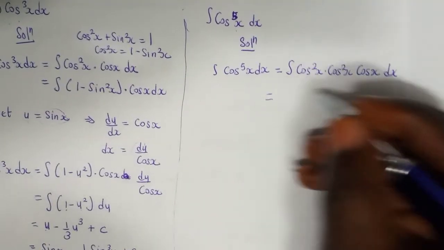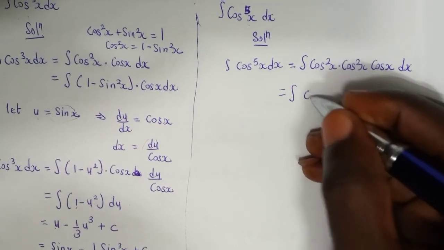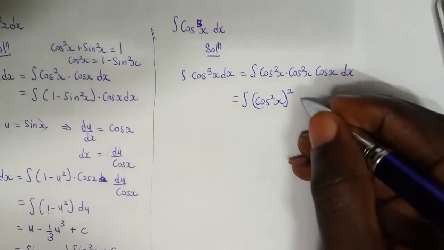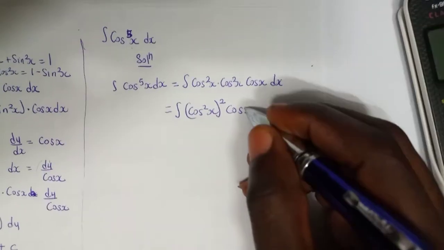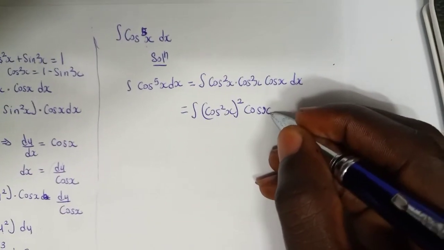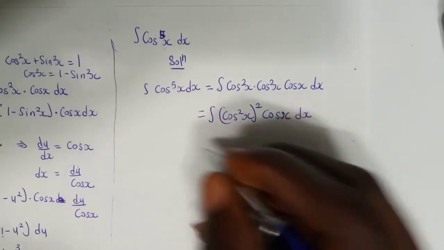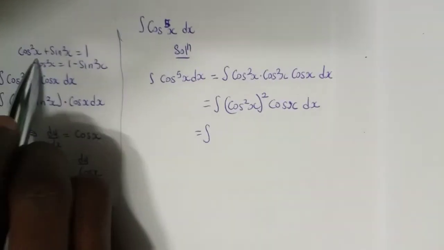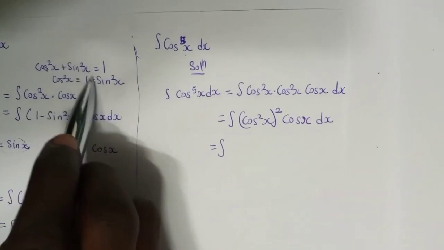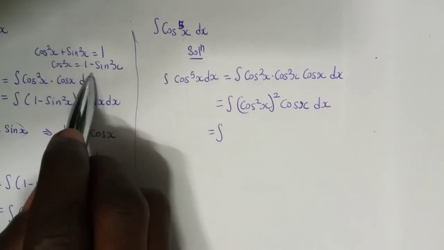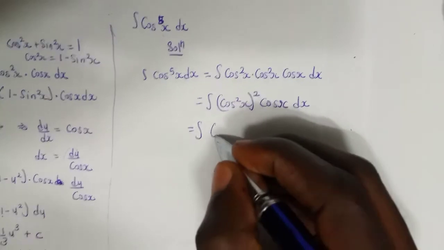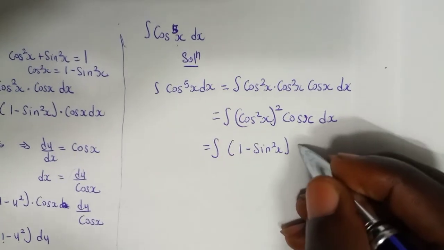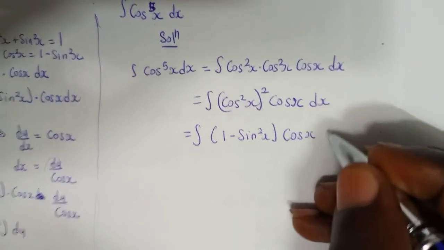So we are going to get the integral of cos square x, all squared, times cos x dx. From the trig identity, we know that cos squared x plus sine squared x equals 1. So making cos squared x the subject, we are going to get 1 minus sine square x, all squared, times cos x dx.